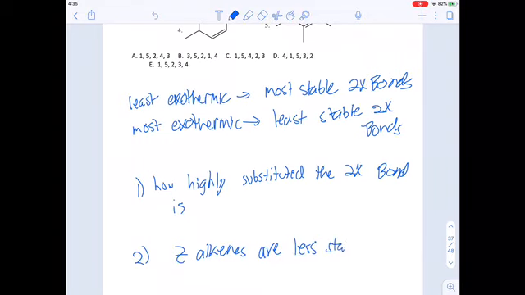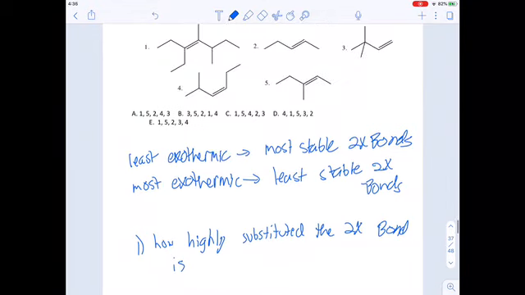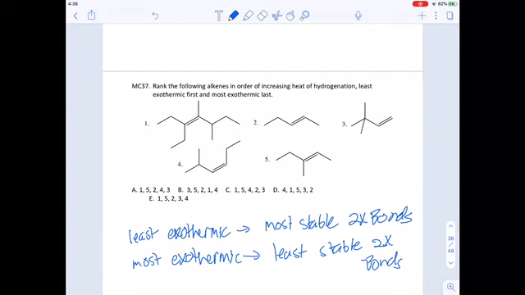Then the second most important is that Z alkenes are less stable than E alkenes. So if you're comparing two alkenes that are the same level of substituted, like say they both have two carbons coming off and two H's, the one that is going to be an E alkene or a trans alkene is more stable than the Z alkene or the cis alkene.